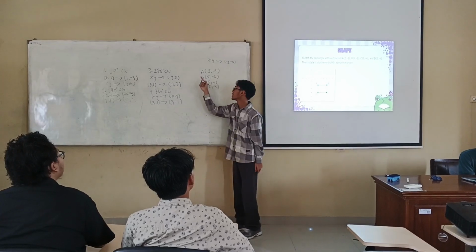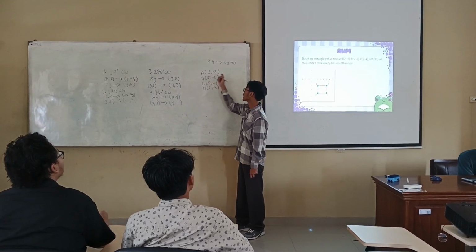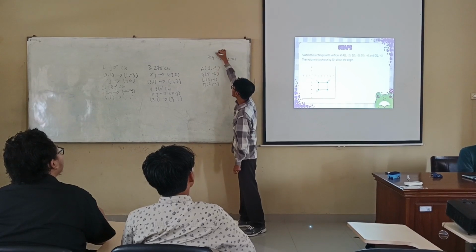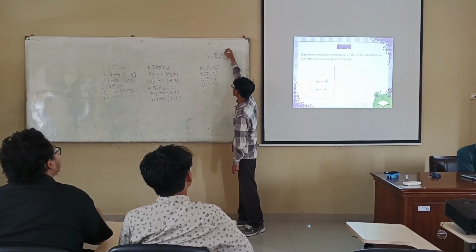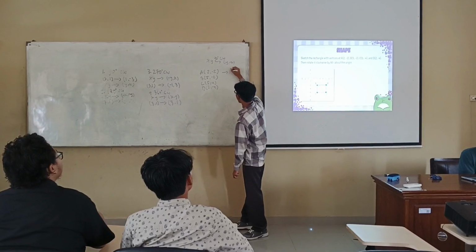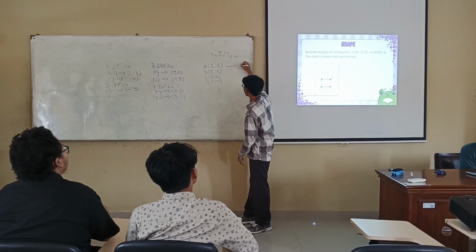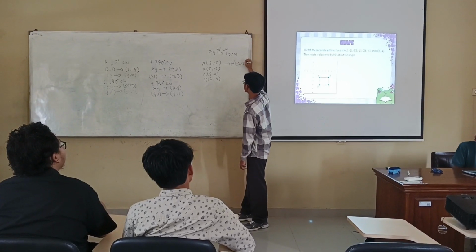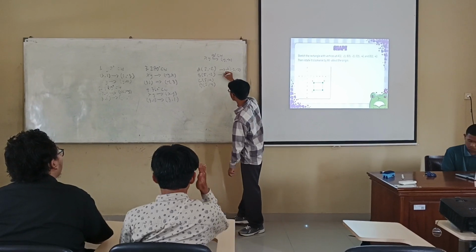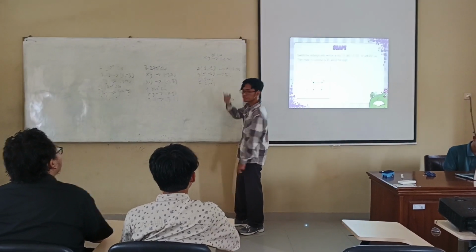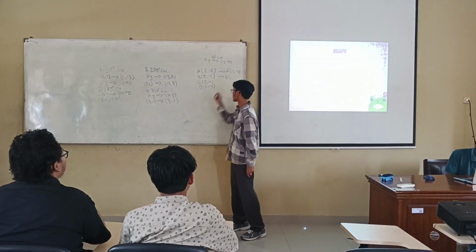If we have the point 2, minus 2 and we rotate 90 degrees clockwise, A prime will become minus 2 and minus 2. How about B? B prime will become minus 2 and minus 5. That's correct.